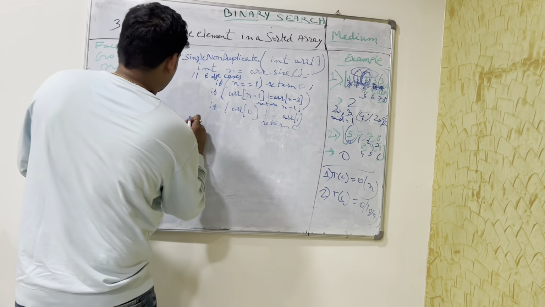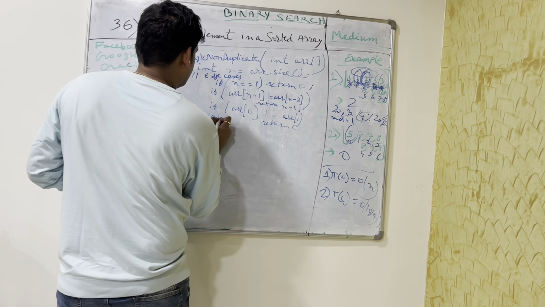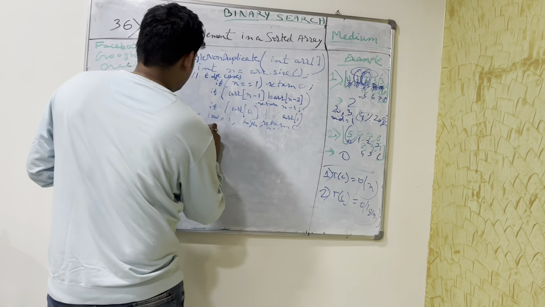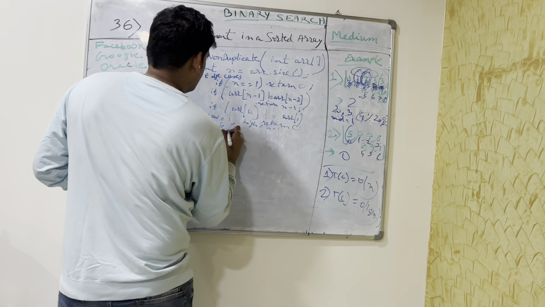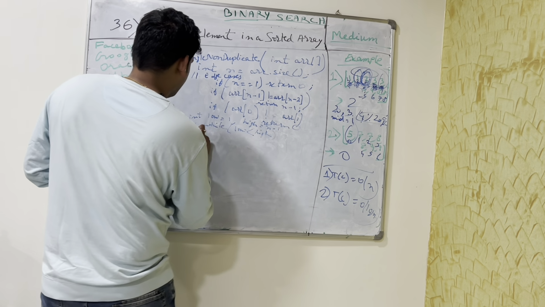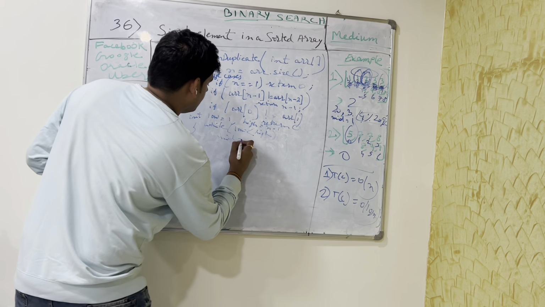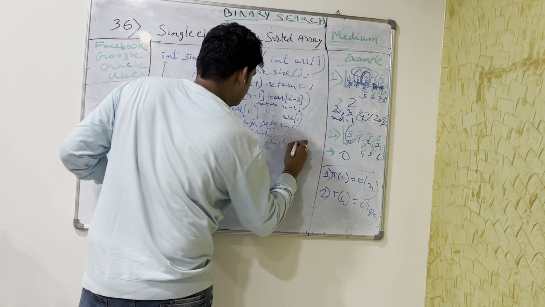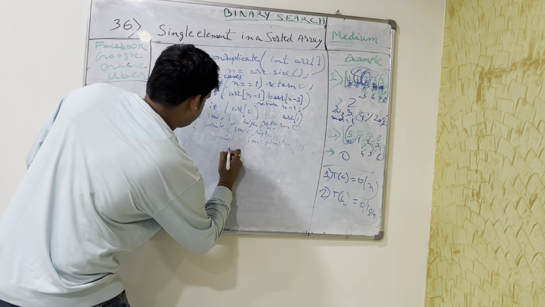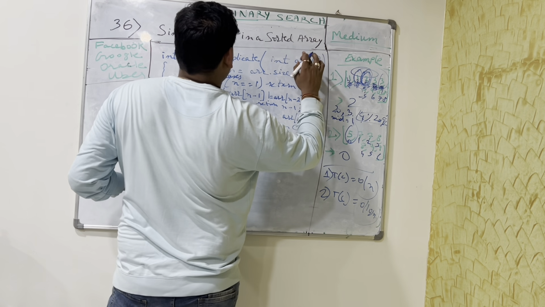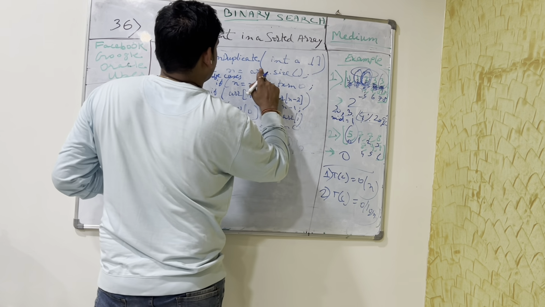Now we will go back to our binary search logic. Low is equal to 1, high is equal to n minus 1, while low is less than high. Okay, we have mid equal to low plus high by 2. Let's say A is the array.